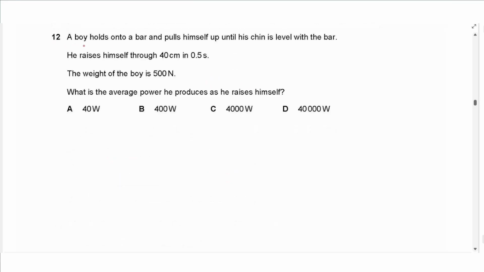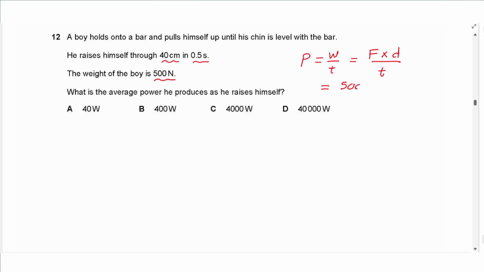Question 12 says a boy holds onto a bar and pulls himself up until his chin is level with the bar. He raises himself through 40 centimeters in 0.5 seconds, and the weight of the boy is 500 newtons. What is the average power he produces? So power is equal to work divided by time, and work can be calculated as force times distance, so force times distance over time, and we have all these values, but we need to convert the distance into SI units.